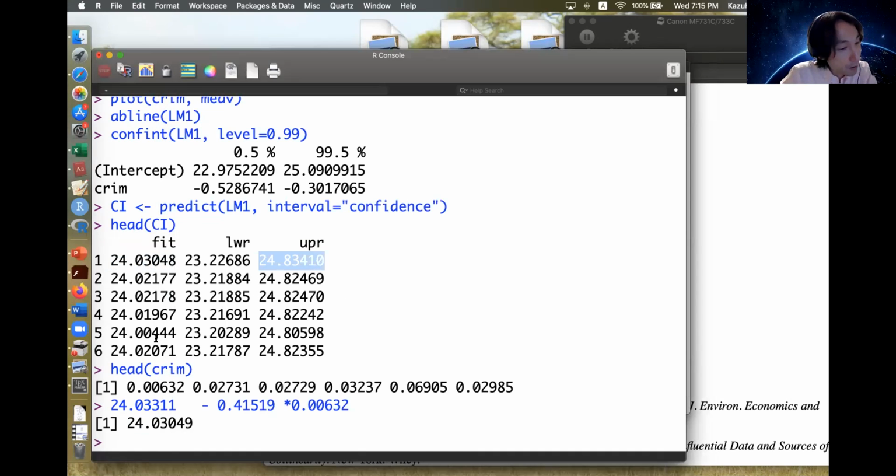That can be done by the matplot function. So matplot, the x coordinate is crime rate, and the y coordinate is house value, but we want to get the fitted value.